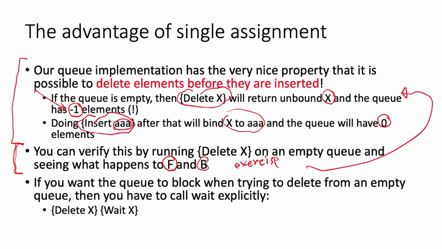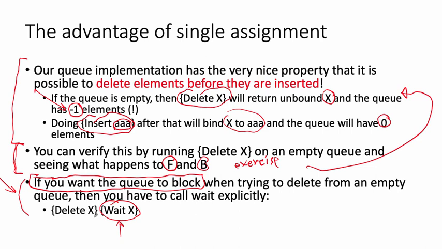Now, if you don't like this property, if you want the queue to block when you delete from an empty queue, so if you build a queue without this property, if you build a queue where it has to have 0 or more, then you want the queue to block. Here you will have to do it explicitly. You will have to put an explicit wait x.